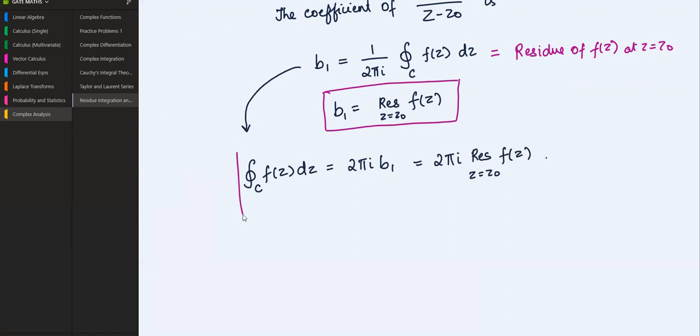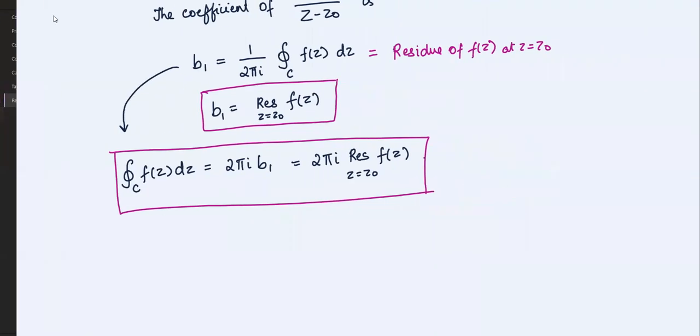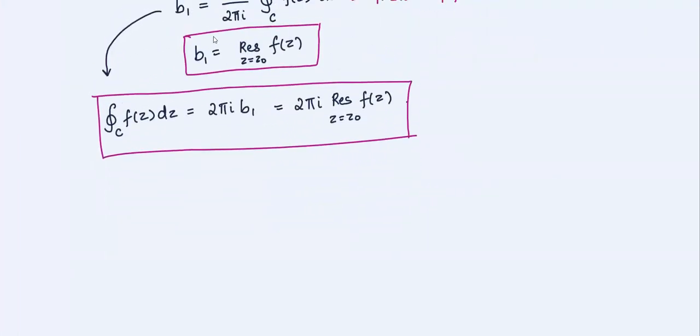So integration can also be evaluated using residues. If we know how to find residues, that means we just do a Laurent series expansion and immediately we can find the residue by taking the coefficient, and immediately we'll get the integral. So let us do an example.